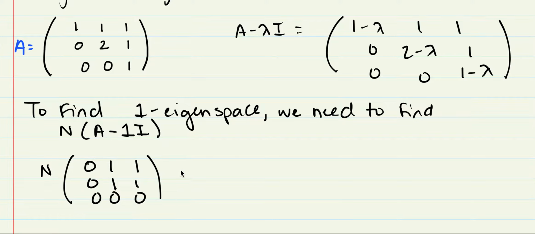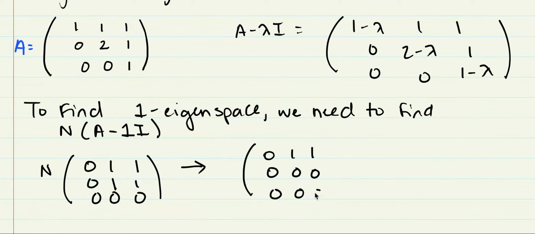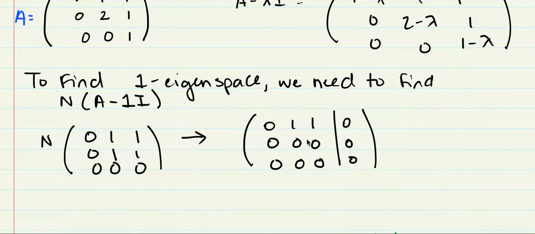To find the null space, we just need to take this matrix and put it in reduced row echelon form. And notice that for this matrix in reduced row echelon form, we just have to subtract the first row from the second row. We can put a little line here, make an augmented matrix. And this says, so this is in reduced row echelon form.